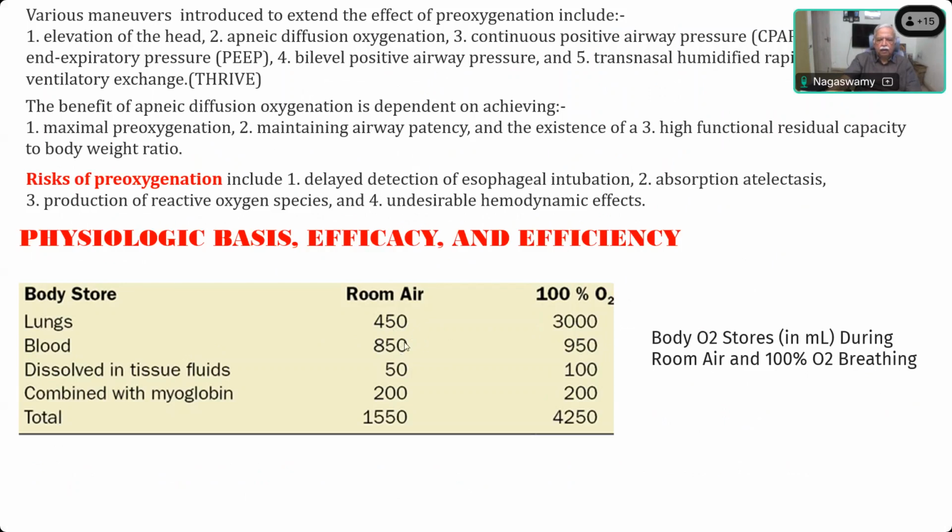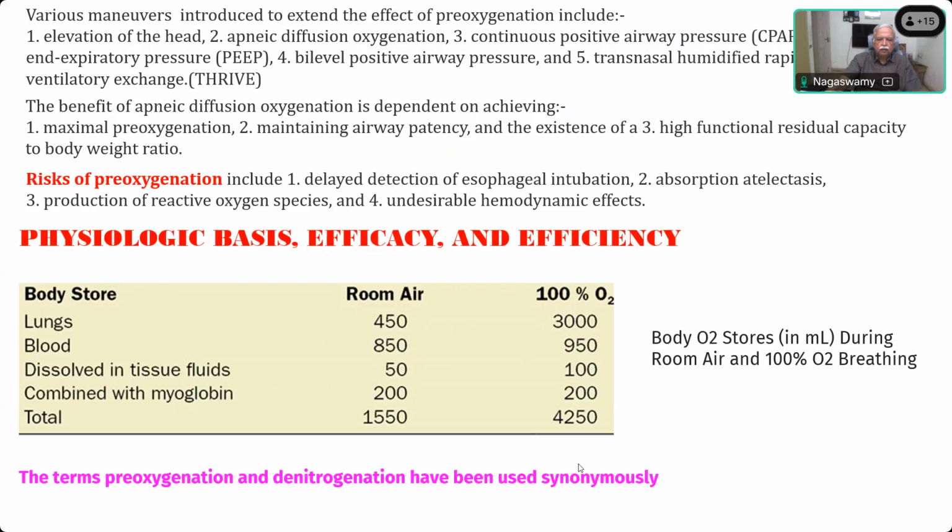In the blood and other areas, only very minimal changes happen, especially combined with myoglobin. There is no change. Dissolved in tissue fluids, there is no change. Blood also has a marginal increase with 100% oxygen, but the amount of oxygen available in the lung is almost 7 times increased by your preoxygenation. And the terms preoxygenation and denitrogenation have been used synonymously in these patients.